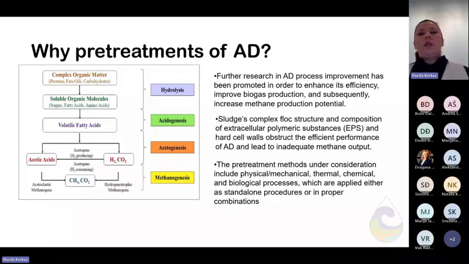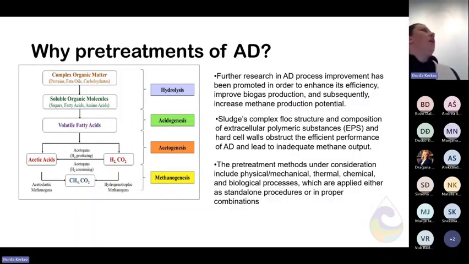So this sewage sludge is a complex floc structure, and it's composed of extracellular polymeric substances, and these hard cell walls obstruct the efficient performance of that process and lead to inadequate methane output.